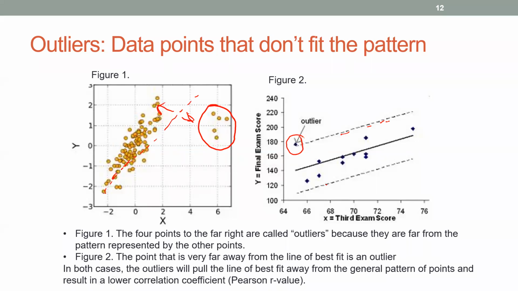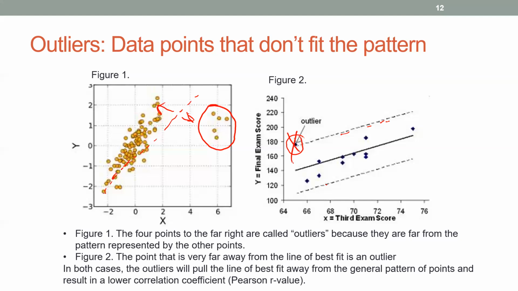But if we can learn something about the situation, like we look back into our grade book and find out that this exam date was the first day this person came back to class after being ill for 3 weeks, then we might say there's an extenuating circumstance. This score did not accurately measure this person's understanding of content, and then we could eliminate this outlier.